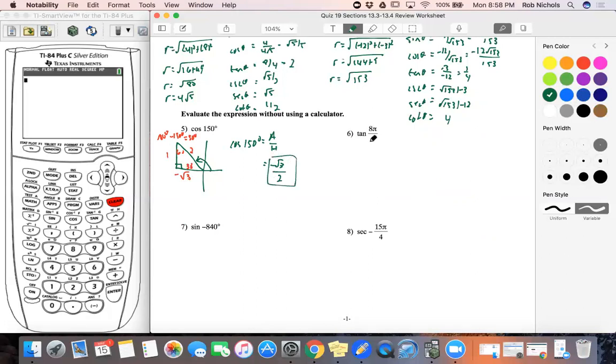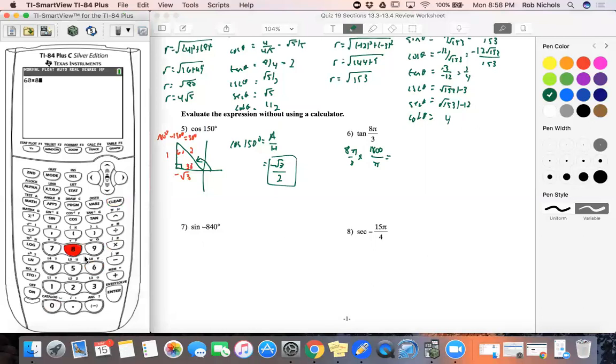Tangent of 8 pi over 3. You could convert 8 pi over 3 if you don't like it. Remember, in pre-calculus, you're going to have to like it. So 3 goes into 180, I believe 60 times. 60 times 8 is 480, and then let's subtract the 360. So we're going to get 120 degrees.